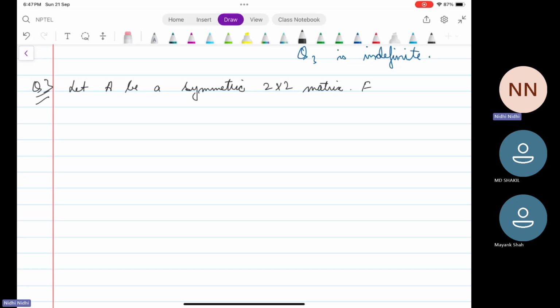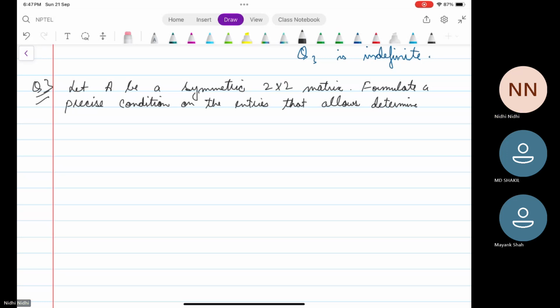Formulate a precise condition on the entries that allows us to determine the nature of the quadratic form associated to A.